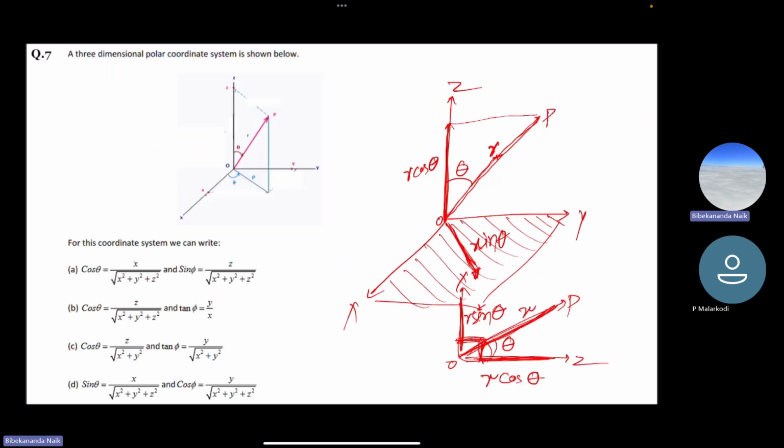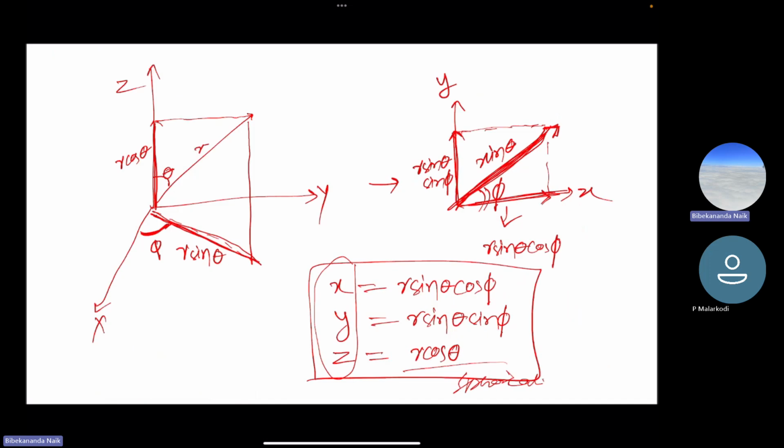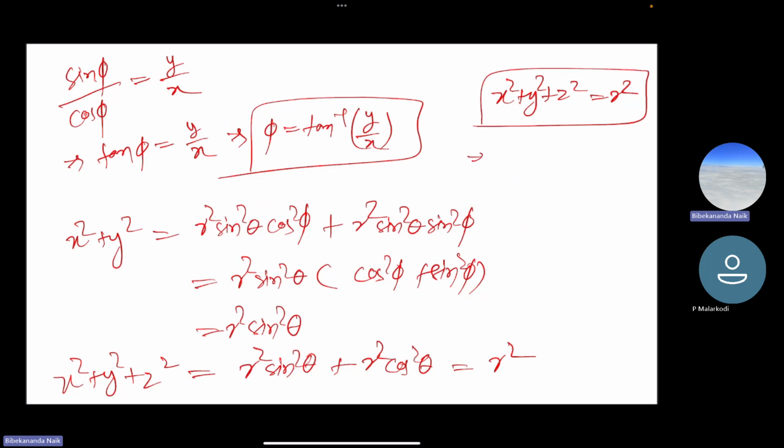But here it says we need to find out the value of cos theta. So how will we get the value of cos theta? It is very easy to get. So z is r cos theta.